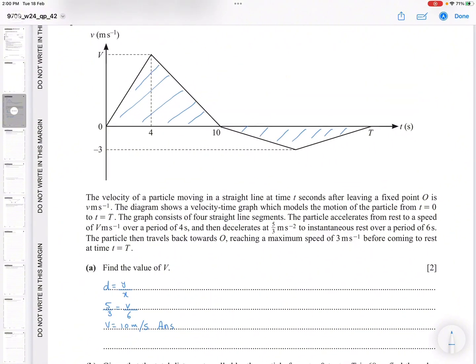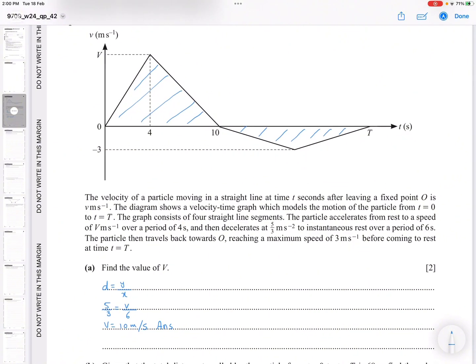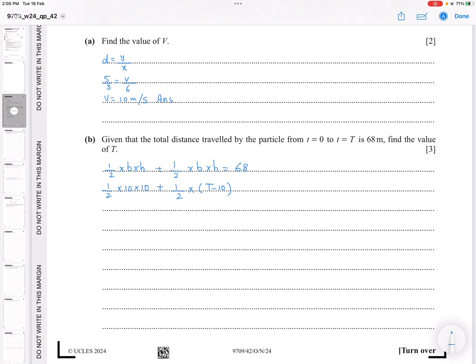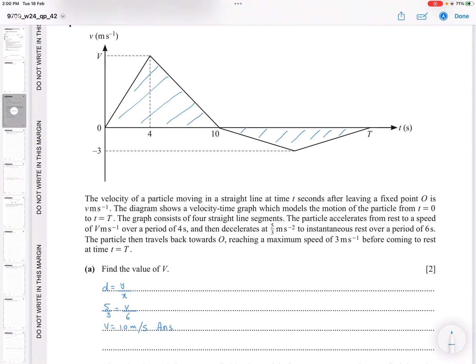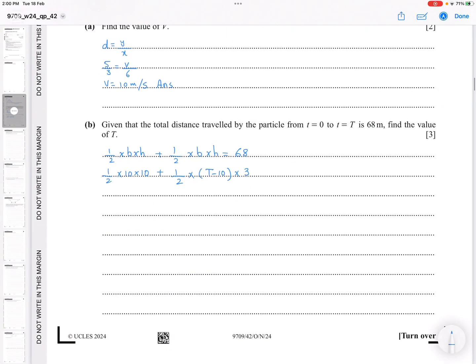You can see from the diagram, capital T minus 10 is our base, into our height, which is 3. You can see 3 is written below the x-axis, and that is equal to 68.